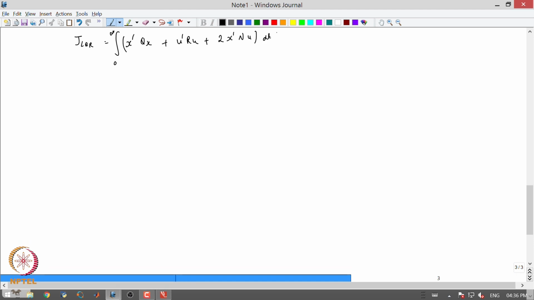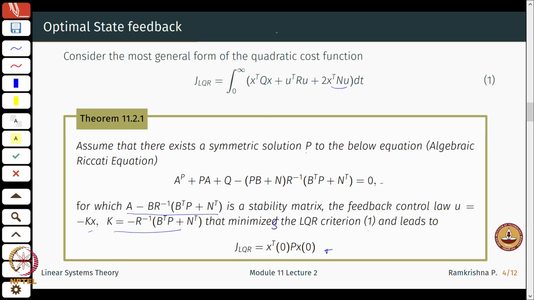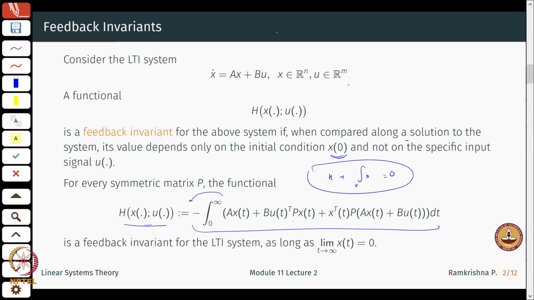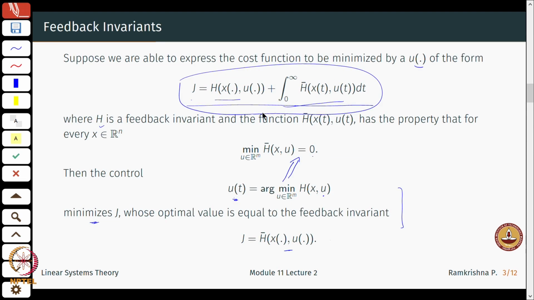Okay. Now, the first step would be to just check if I can write the J as something like this, where H is a feedback invariant and something inside the integral which eventually goes to 0, and the u that makes it 0 will be my optimal u. So, we will start from that.